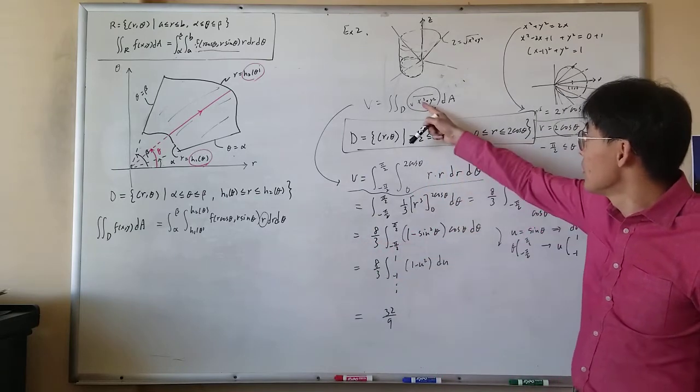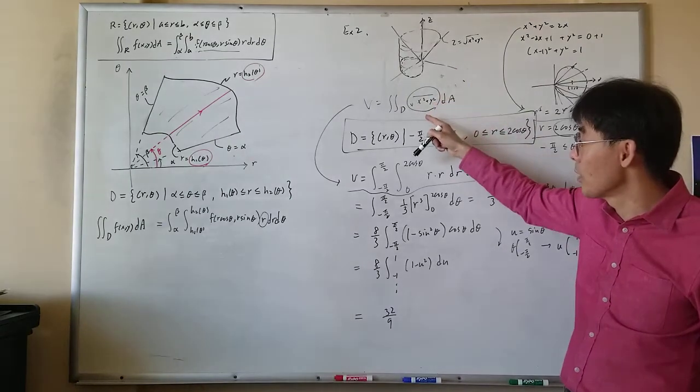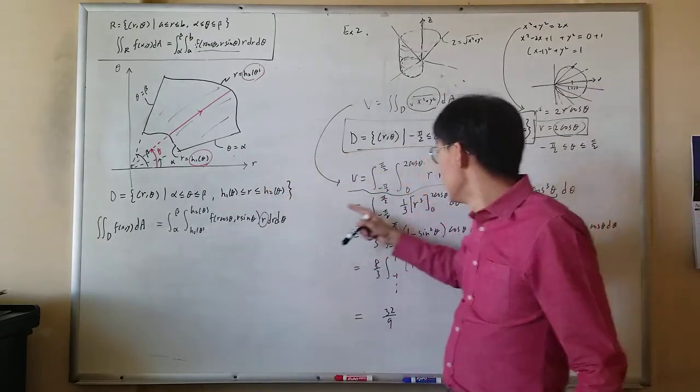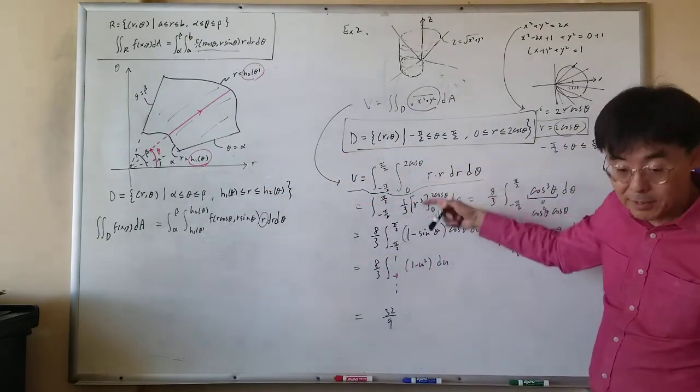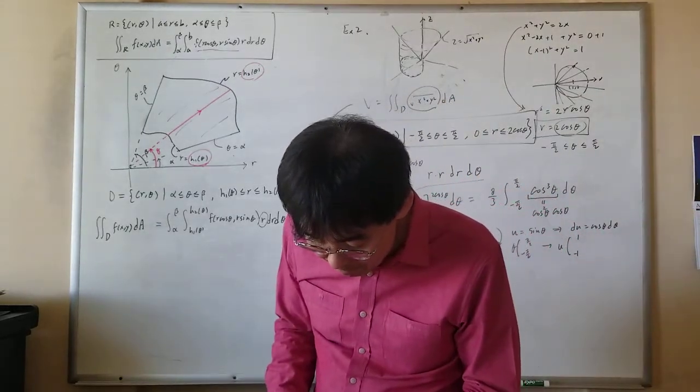The only difference is that here, instead of the square root of x squared plus y squared, you have x squared plus y squared. Instead of r, you will have r squared. That's the only difference. Okay?